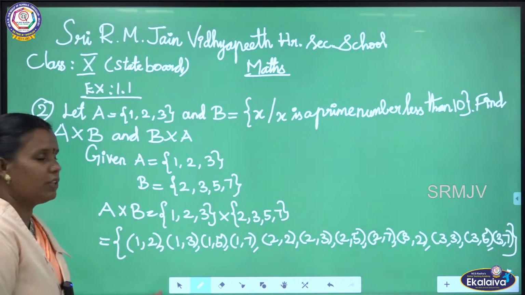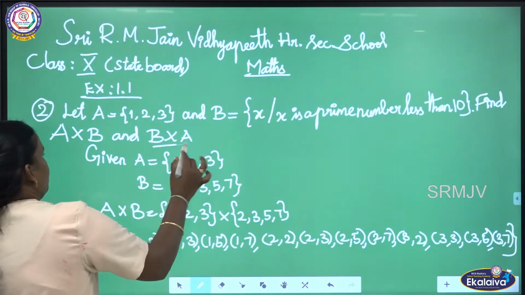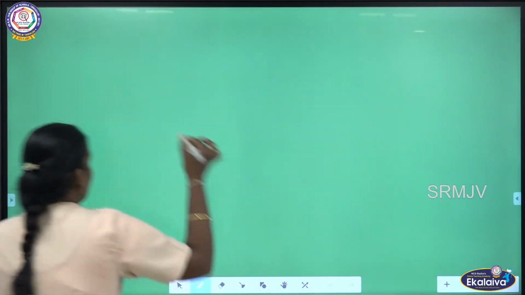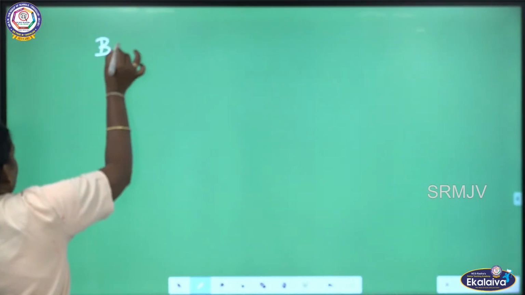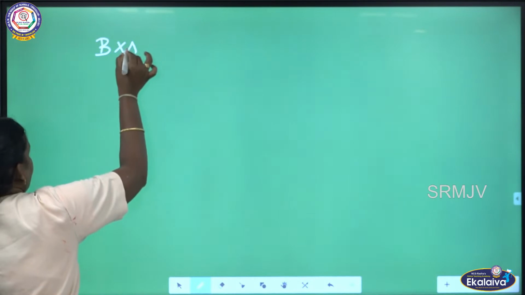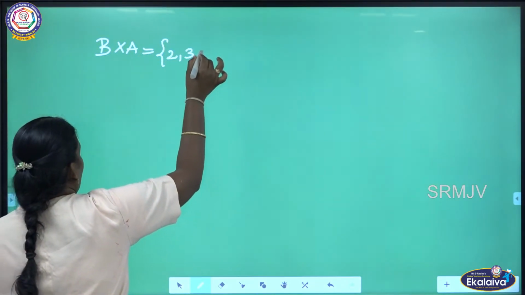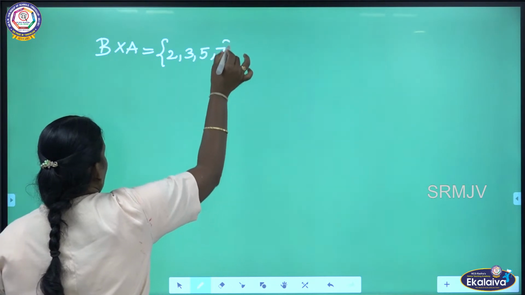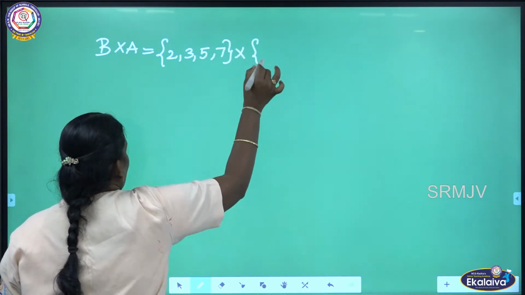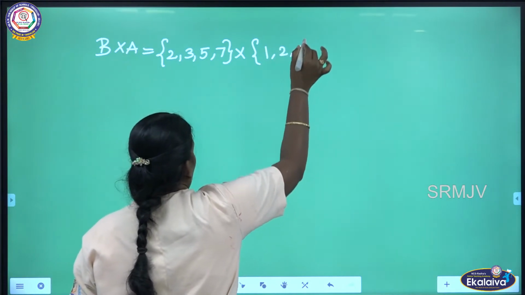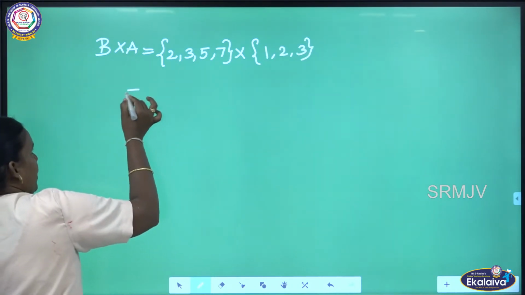Then we have to proceed with B cross A. They told you to find B cross A also. For B cross A, first we write the B set {2, 3, 5, 7} cross our A set given in the question {1, 2, 3}. Then get the cross product.